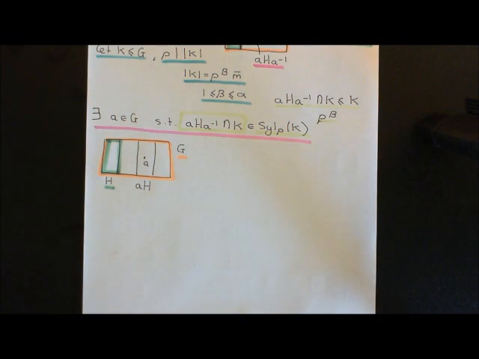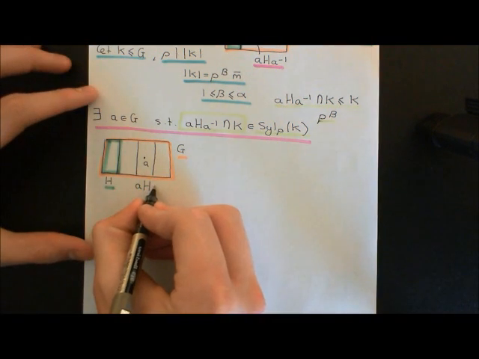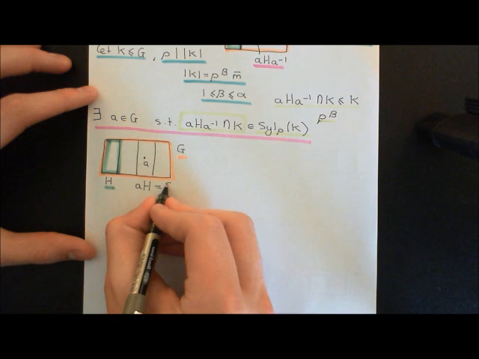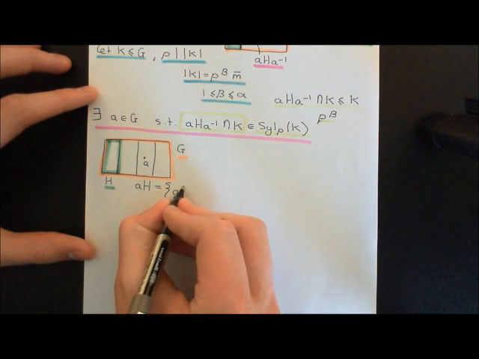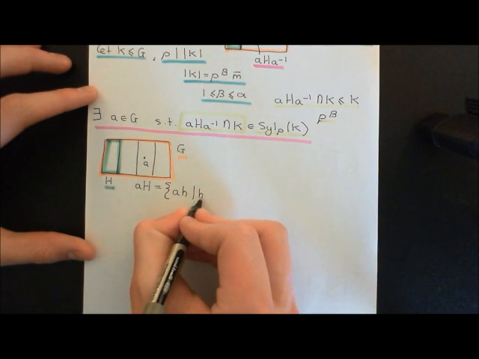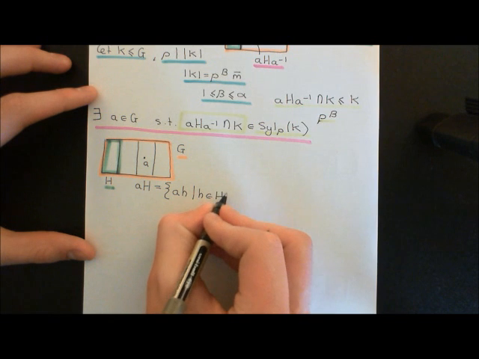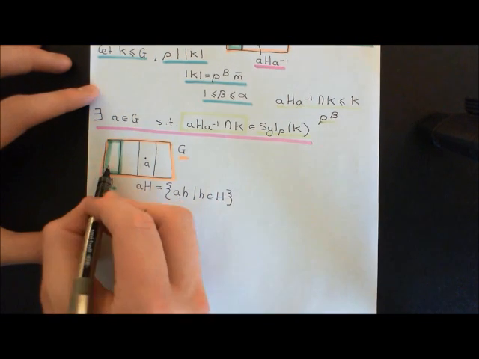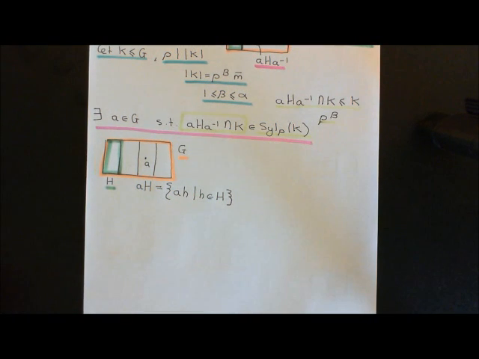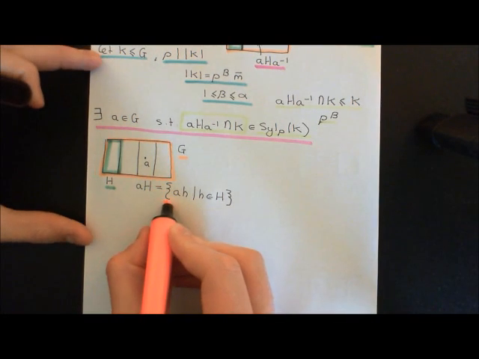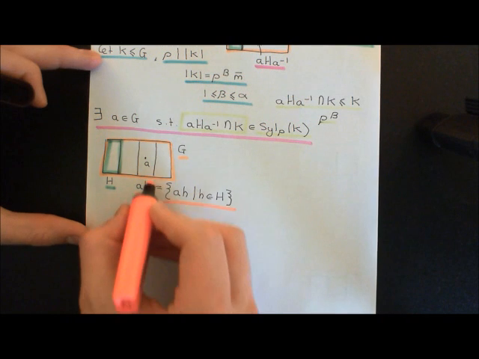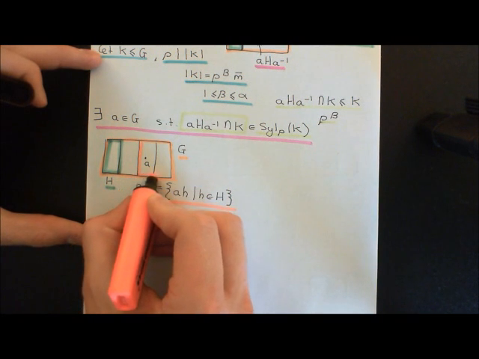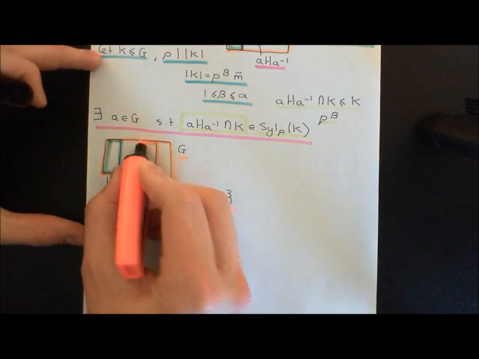That's one of the incredible things about cosets. So this subset of capital G will be all things of the form a composed with little h, where little h is an element of capital H. It just means go through all of the elements of this subgroup capital H and left multiply them by this element little a, and that will give us the left coset of the subgroup capital H under the element little a.